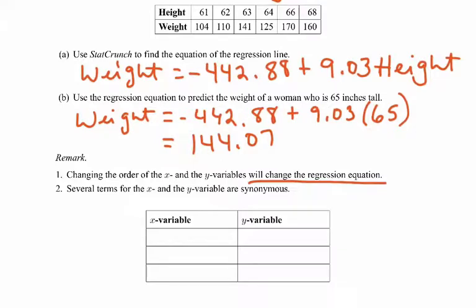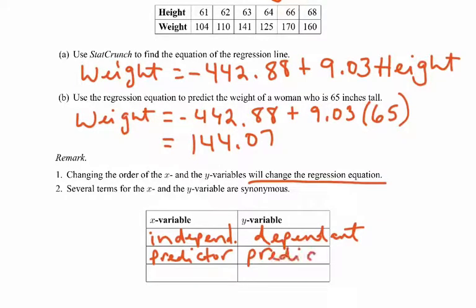I've been using independent and dependent a lot so far in this lesson. Our X value is also called the independent variable, and the Y variable is also called the dependent variable. There are a couple of other terms we may use though. We may call the X variable the predictor variable, and the Y value would be the predicted.